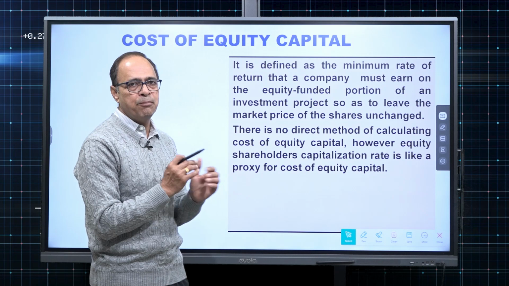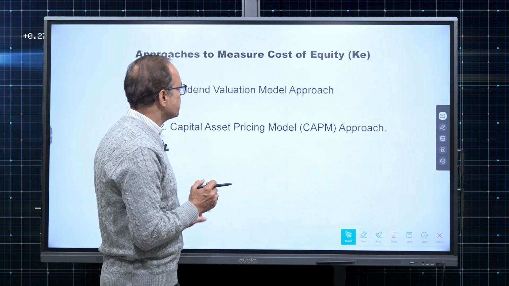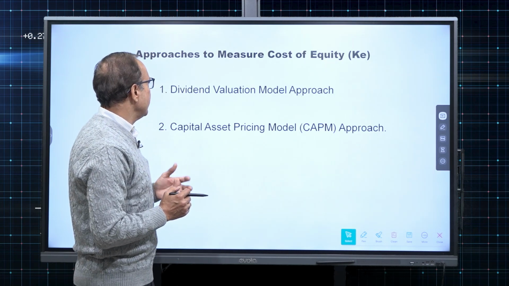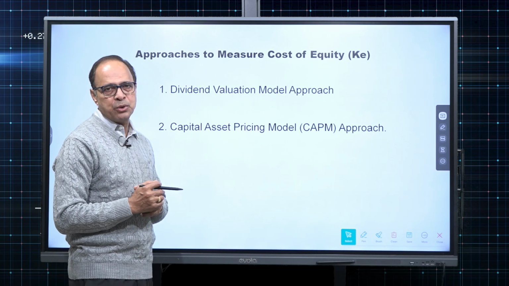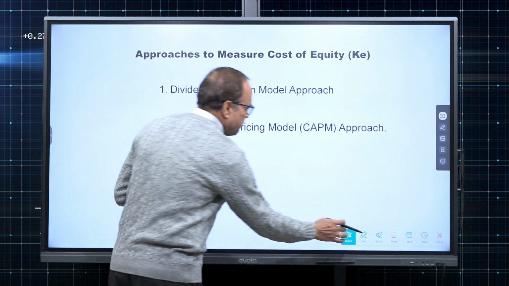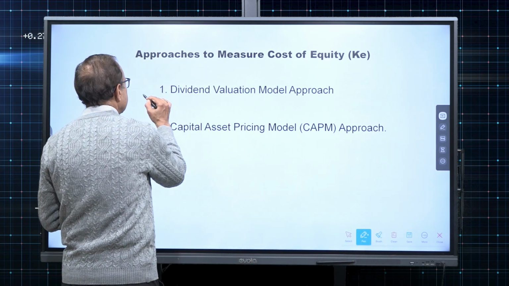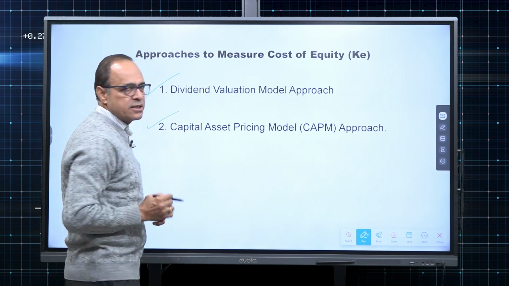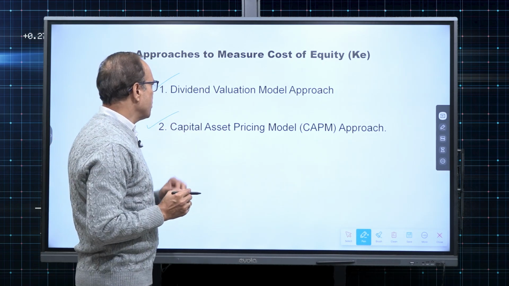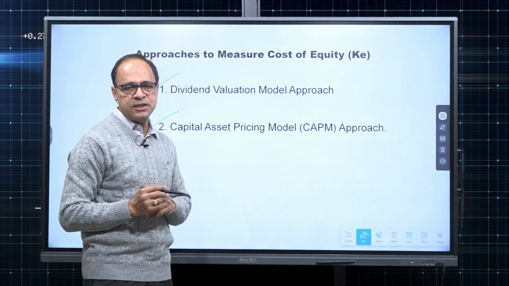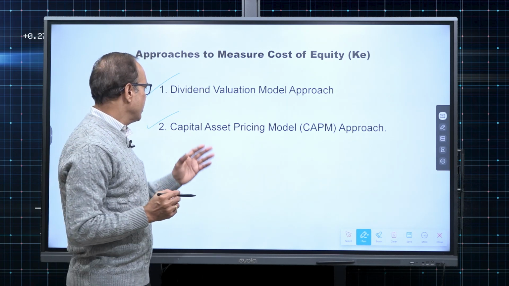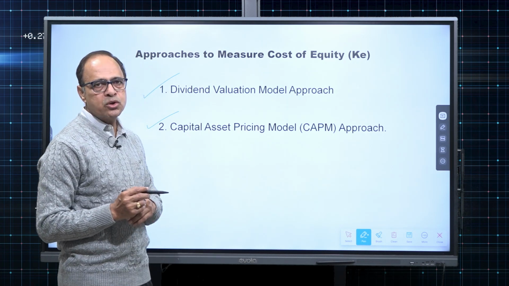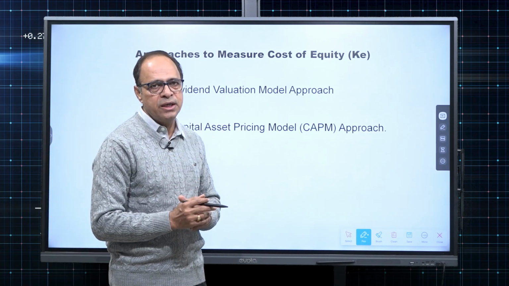Now, how that is implied, let us proceed further. Cost of equity can be calculated using any of these two approaches. Many people refer to this as the fundamental approach and this as the market based approach. However, more popularly, dividend capitalization model or capital asset pricing model, both are used in practice equally in the market.